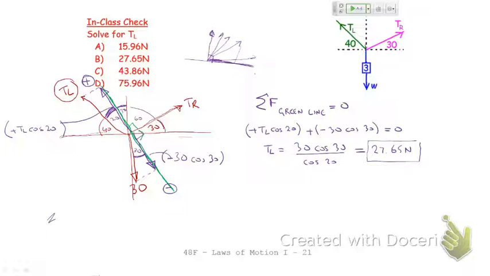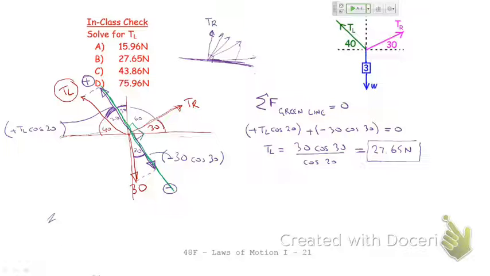I have a question. Yep. What made you put the green line parallel to TR, although we're looking for TL? I didn't make it parallel, I made it perpendicular. Because I don't want TR in my equation. So if TR is here, by having the axis perpendicular to TR, it casts no shadow, which means it has no component.